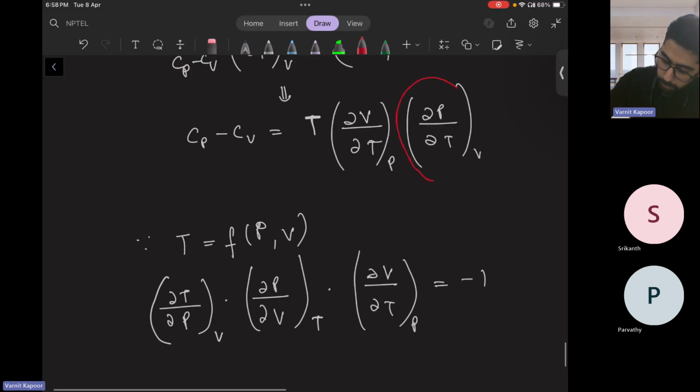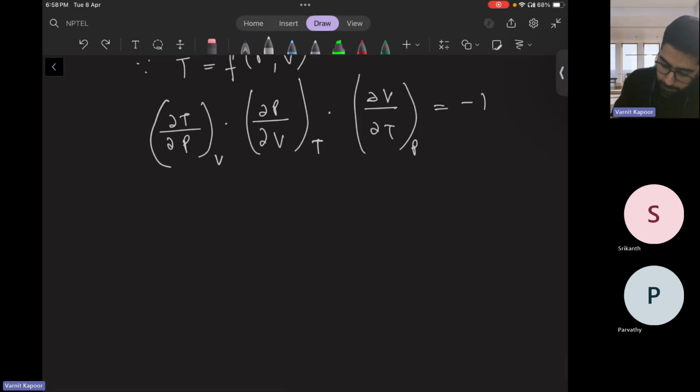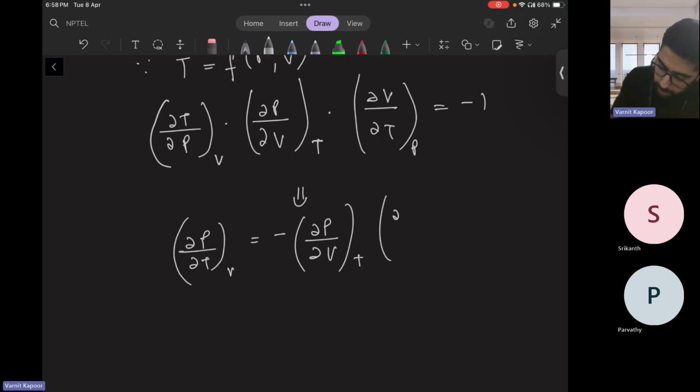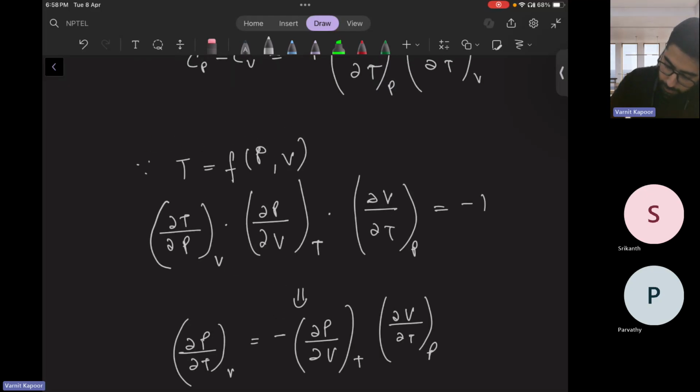Because you want this value, you will get dou P by dou T from here and put that. So dou P by dou T at constant volume is nothing but negative of dou P by dou V at constant temperature times dou V by dou T at constant pressure. Now put this.